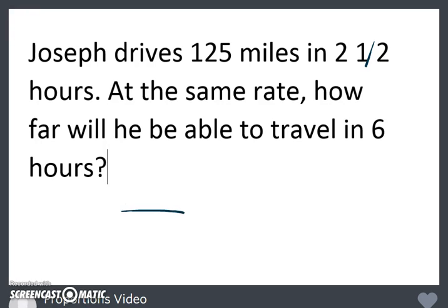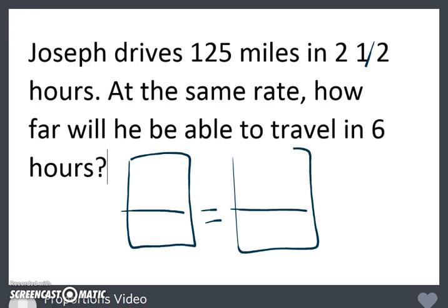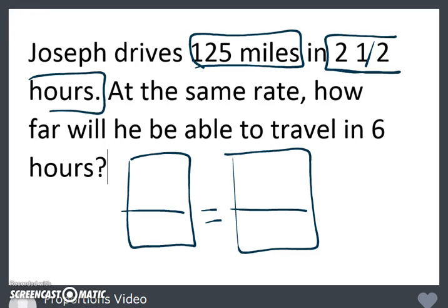Okay, so a proportion is going to be 2 ratios that are set equal to each other. I have this ratio and this ratio. Well, the first ratio that we have is 125 miles in 2.5 hours. So 125 miles in 2, and we already said that was 2 5/10 hours.